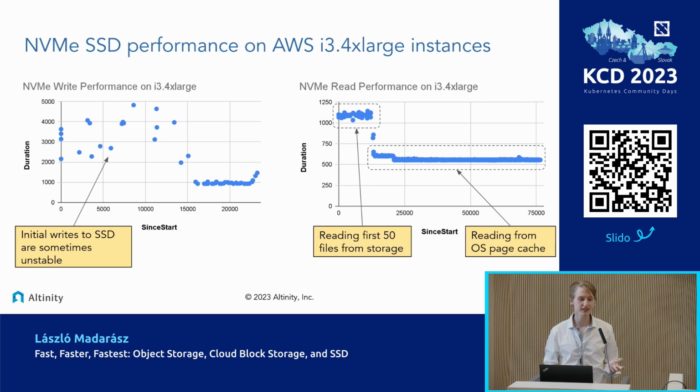The interesting thing is that it only happens with NVMe SSD, so none of the other storage methods will produce this. But for about the last third, we can see that the write performance just goes up, and it takes very little time to write a file. Our idea is that probably a write cache starts to work here.